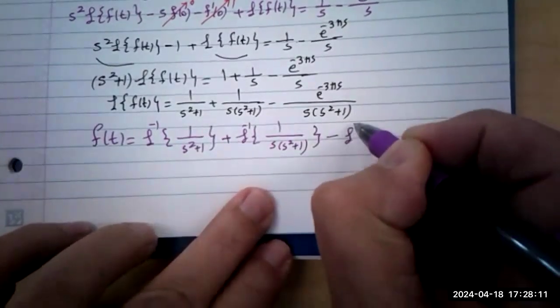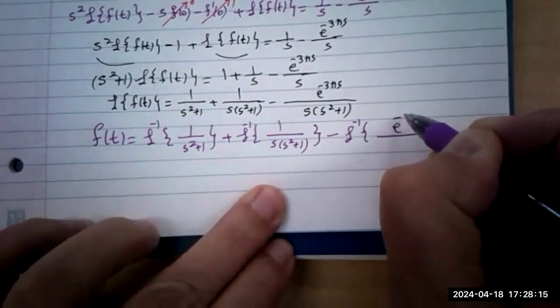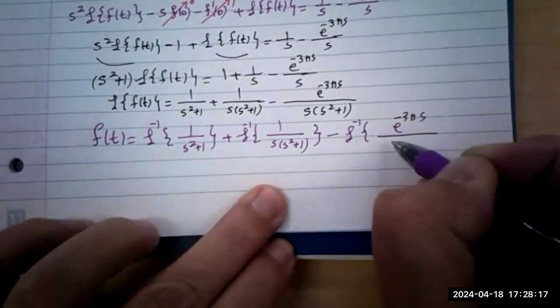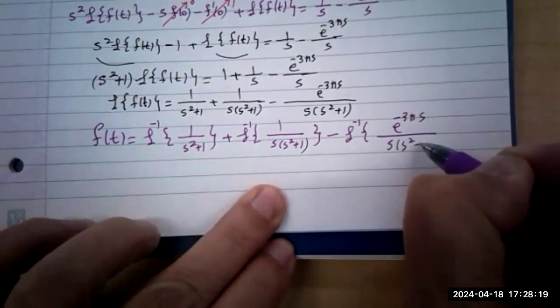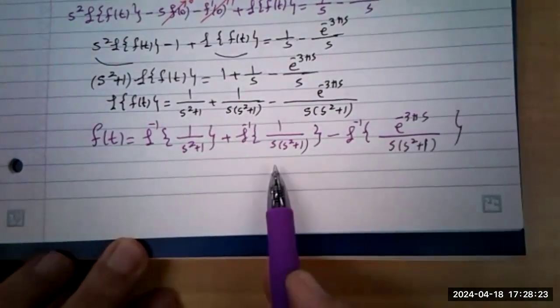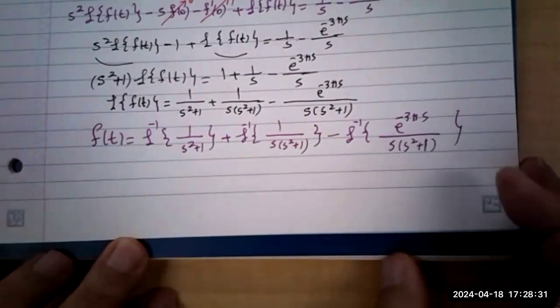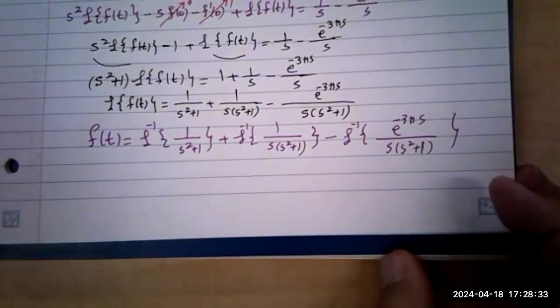And this one is just the transformation of the second one. It's the Laplace inverse of e to the negative 3 pi s over s squared plus 1. If you do the third one, with e to the negative 3 pi s, it tells us there was a unit step function, so there has been a u 3 pi t.